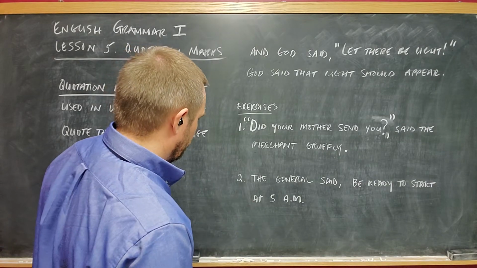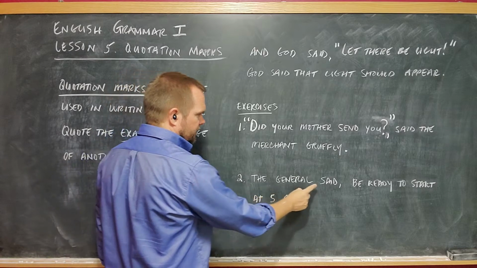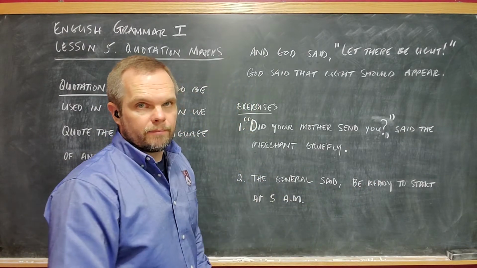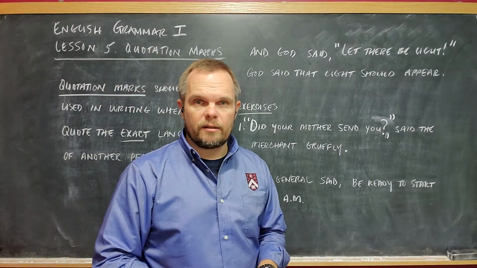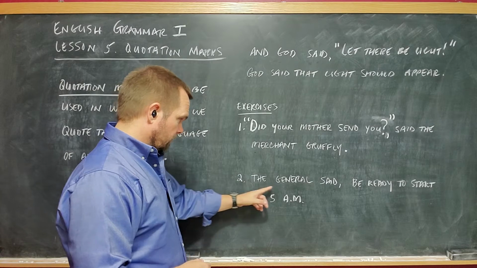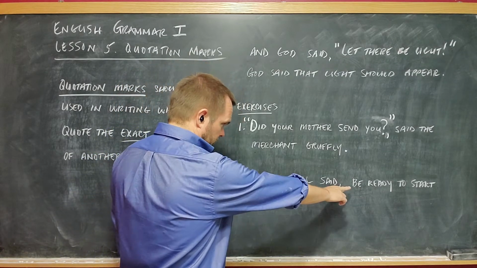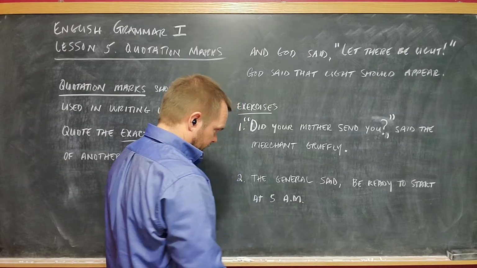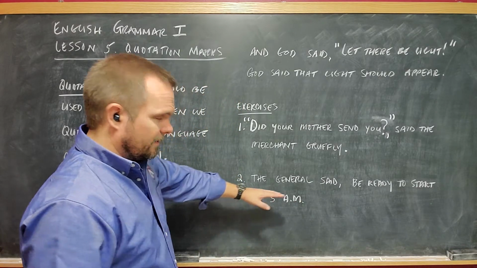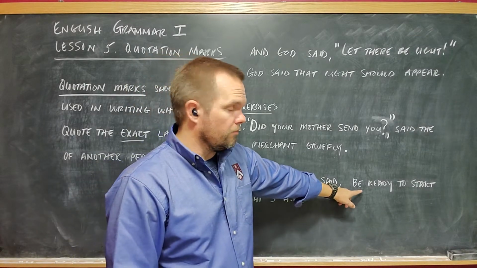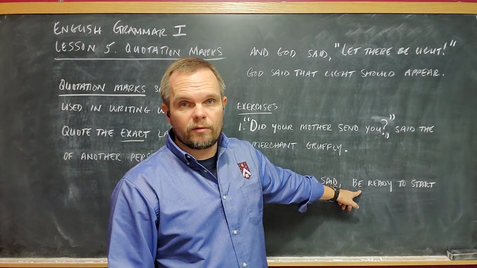Number 2, we read, "The general said, be ready to start at 5 a.m." The general said, and then his words begin, and they go to the end of the sentence. What did the general actually say? "Be ready to start at 5 a.m."